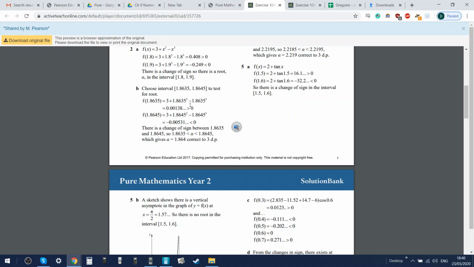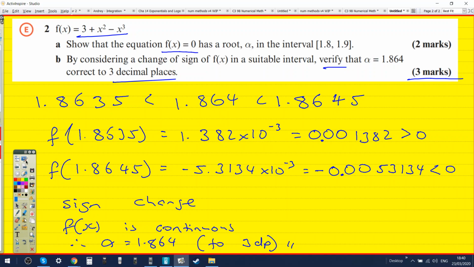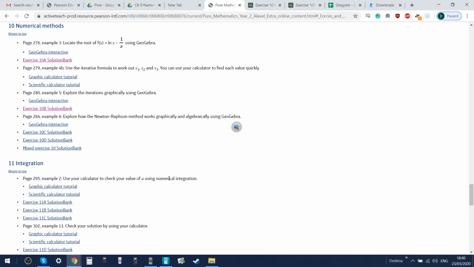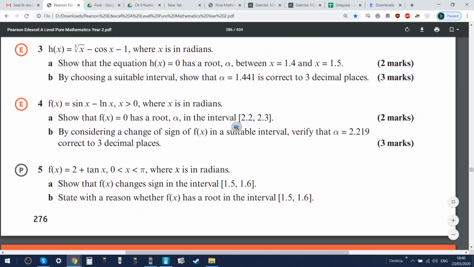The f of that is greater than 0, the f of that is less than 0. Change of sign in the interval. So alpha is 1.864 to 3 decimal places. Great. So that's how you verify.